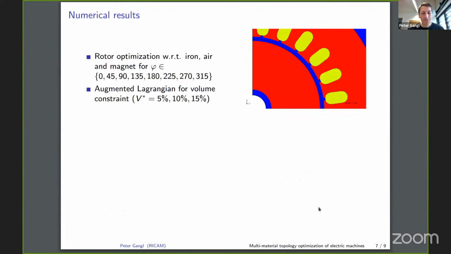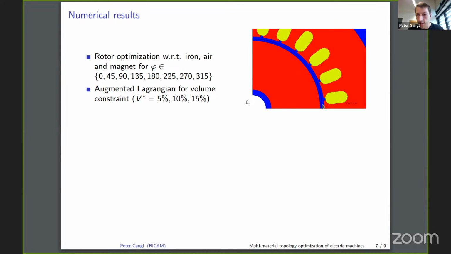Okay, so finally I can combine these 2 ingredients and show you some optimization results for our electric machine. We want to optimize the rotor with respect to, as I said, 10 materials: iron, air, and 8 different magnetization directions. We have a bound on the volume for, say, 5, 10, and 15% allowed magnet volume.